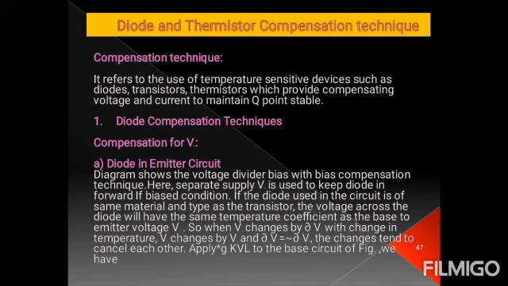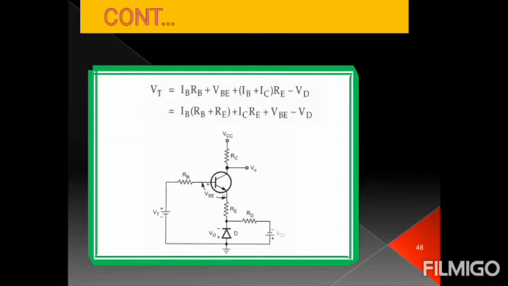Here we are compensating the changes in the temperature which cause changes in the VBE value. See that, in the circuit we are using a diode in the emitter side. The diode and the transistor are made of the same material. So if there is any increase in the transistor current due to increase in temperature, that increase in the voltage level will be compensated by the same increase in the voltage of the diode.